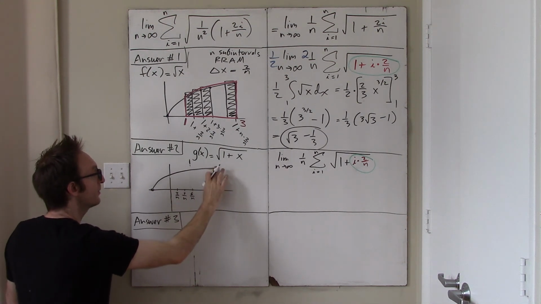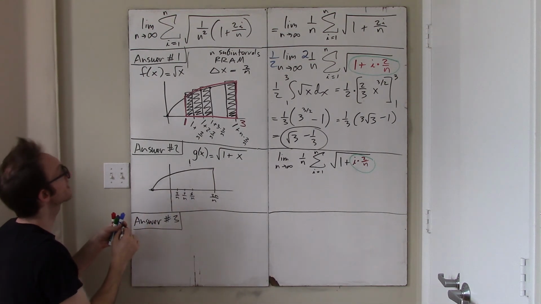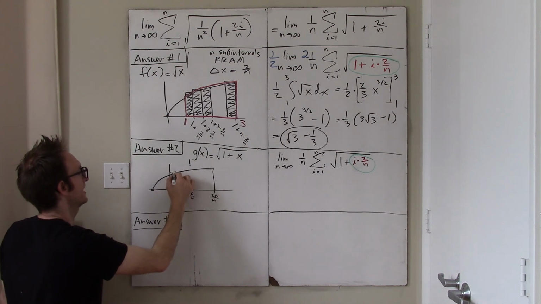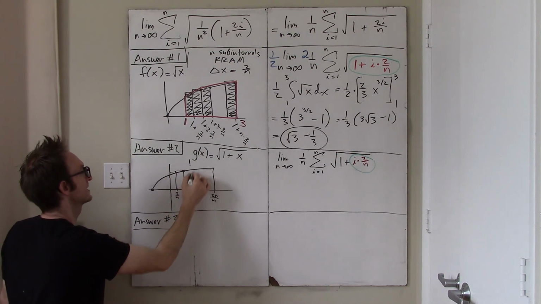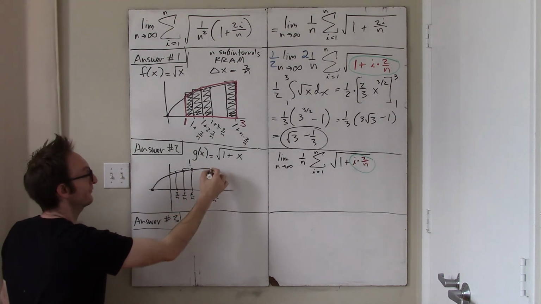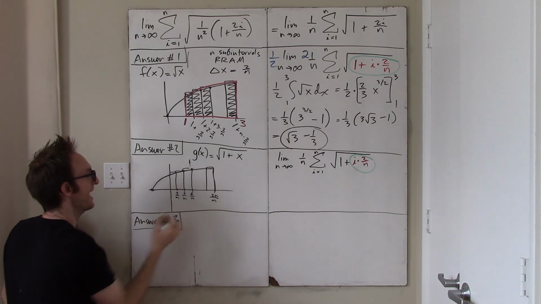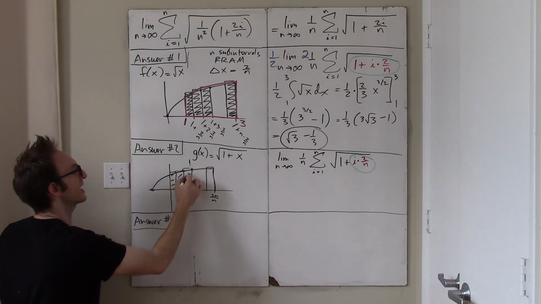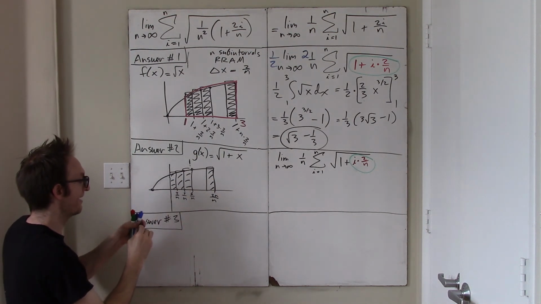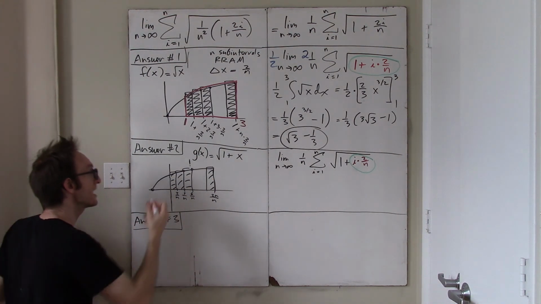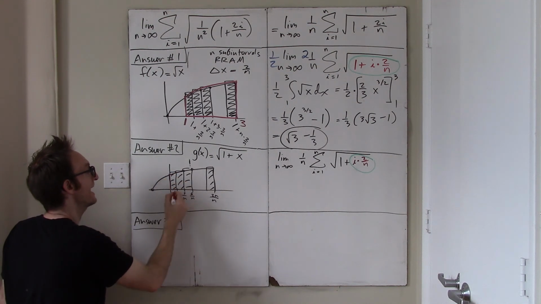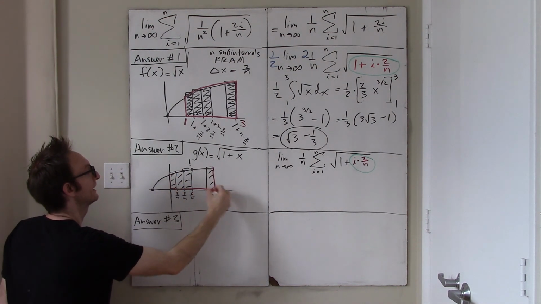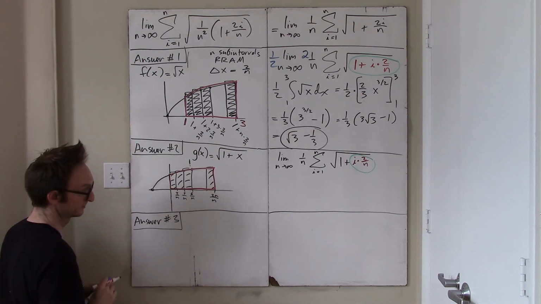Okay, the point is that under this analysis, I have a different function under discussion, and also it turns out that the area that I'm trying to find here is the area between 0 and 2. Right?